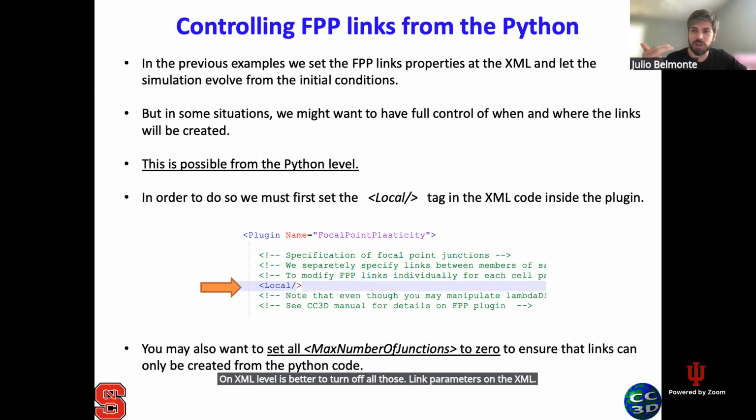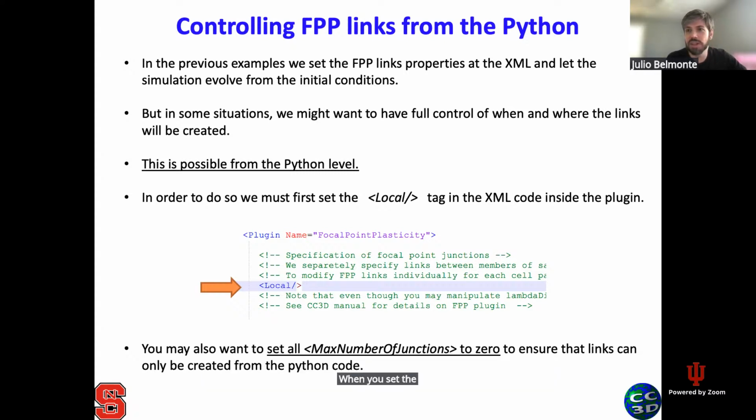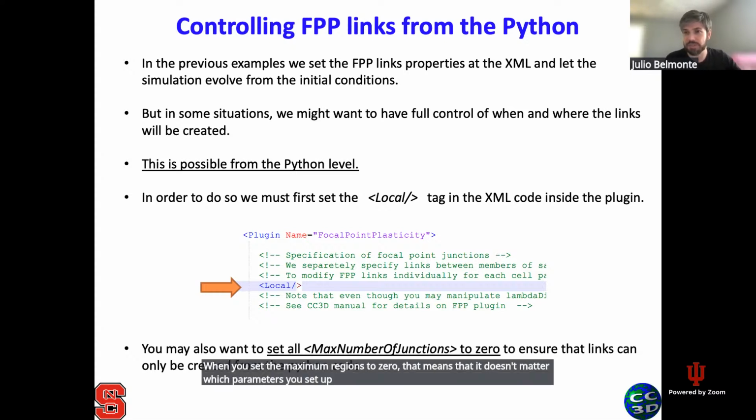The simplest way to do that is to set the maximum number of junctions to 0 for all the link pairs. When you set the maximum number of junctions to 0, it doesn't matter which parameters you set up for that specific cell pair, they are never going to be created.